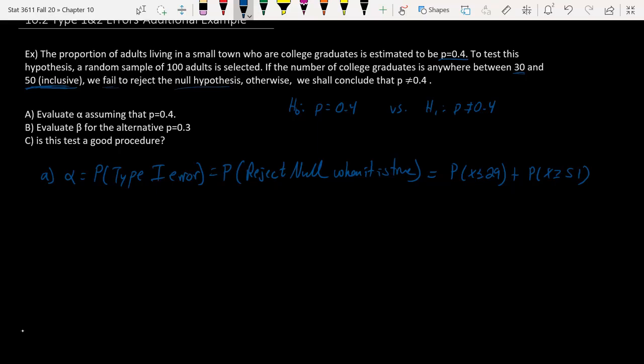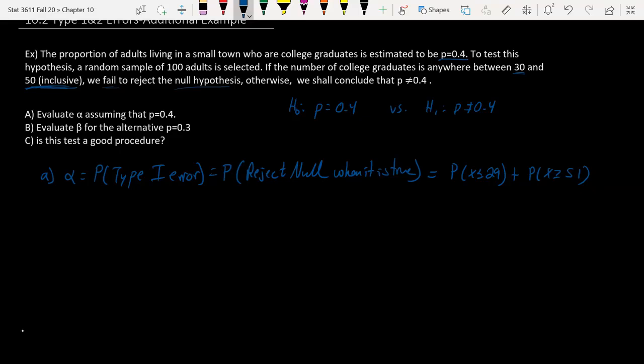If I had this in a table with a probability of 0.4, I could look this up in the binomial sums table for 29 and a probability of 0.4. N goes up to 100 though, and so we're going to have a hard time figuring this out using our table, because in that case we'd need probability 0.4, and we're going to need 100, and then we need to subtract below 50.